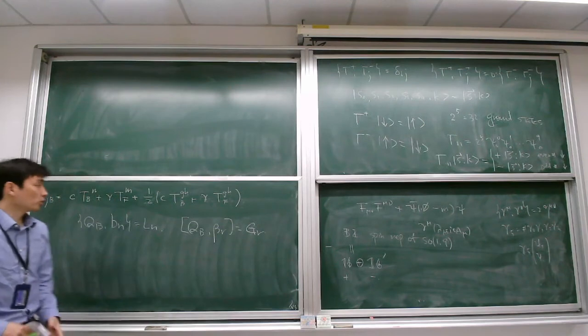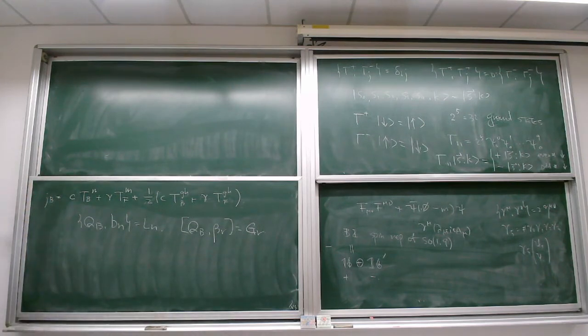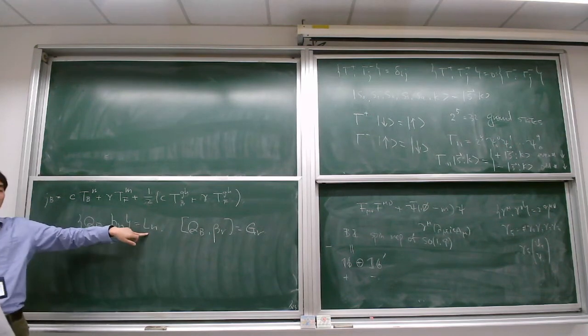So the rough form of the BRST current is c times the stress energy tensor. If you take the OPE of c and b, you get 1 over z. And if you do the contour integral, you get the generator of the stress energy tensor, the energy momentum tensor. That's why you get the L.